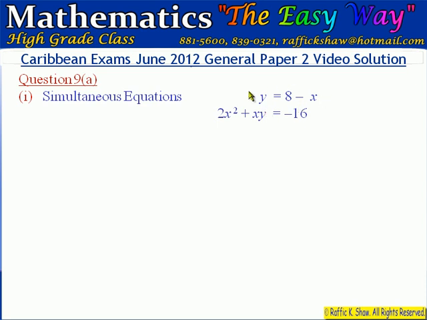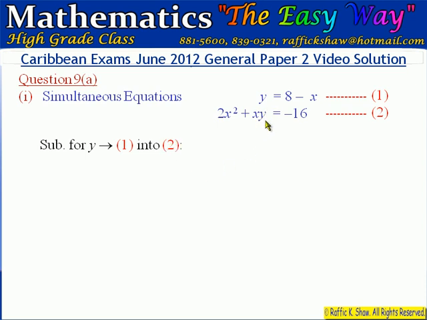And because this linear equation is expressed with y as the subject, we can go ahead and substitute for the y in this curve equation. So let's show that process. First, we're going to refer to the linear equation as equation 1 and the equation of a curve here as equation 2. What we're going to do is substitute for y from equation 1 into equation 2.